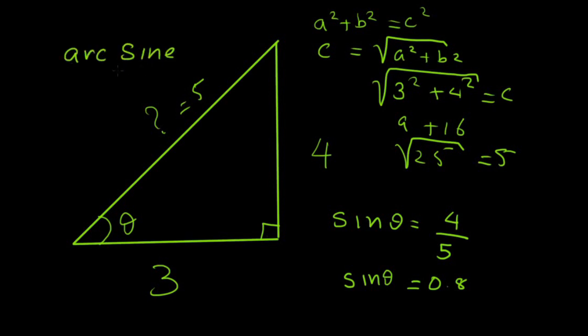Every function has this, like arc cos and arc tangent. It just means if we take the tangent of a number, we will get a number, but we want to find out the angle.